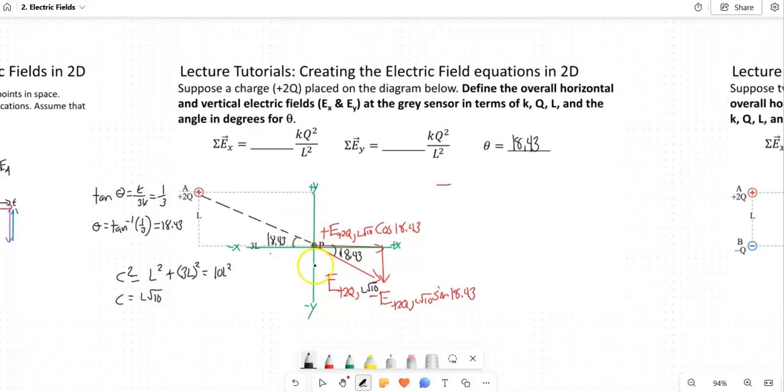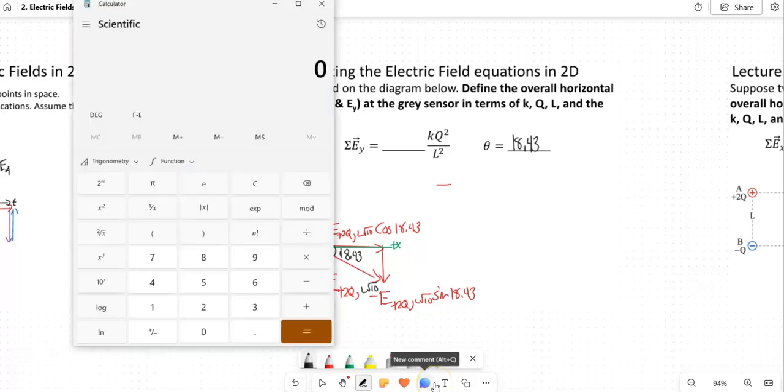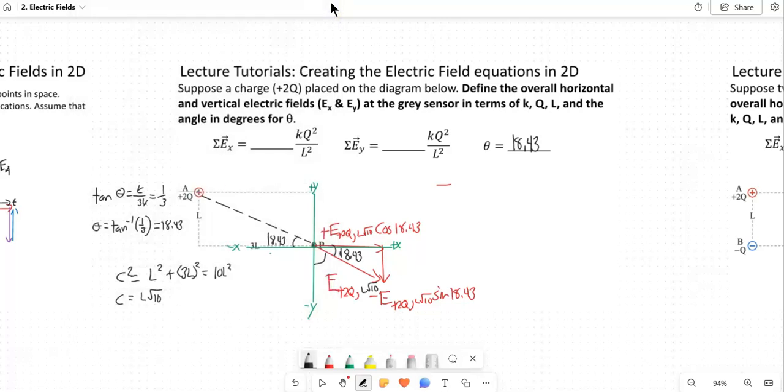That would be 90 minus 18.43, which is 71.57. So your answers can be either one, either 18.43 or 71.57, right? All right.